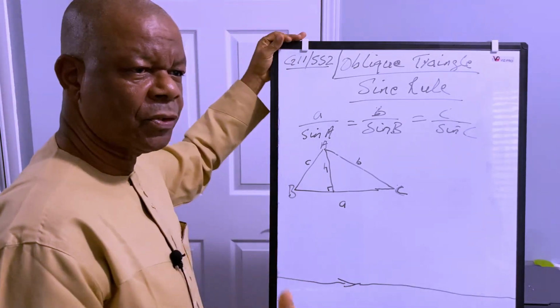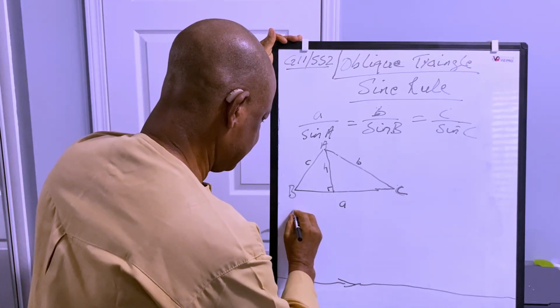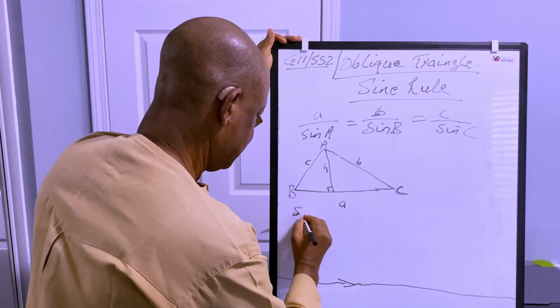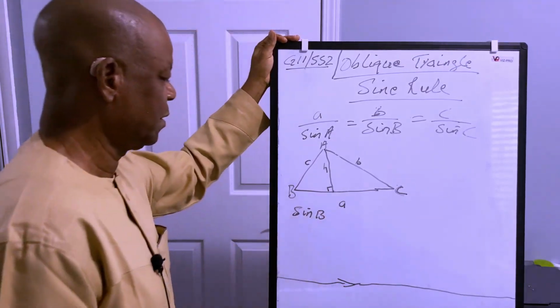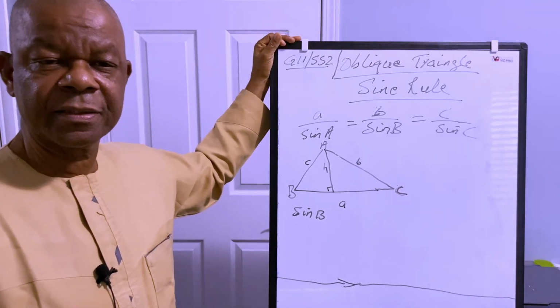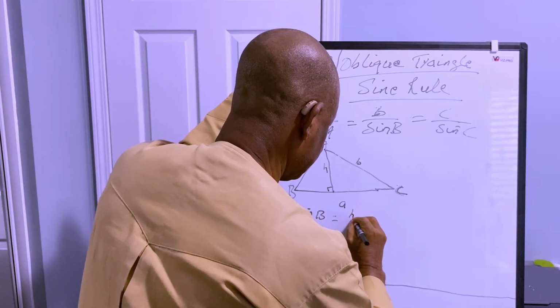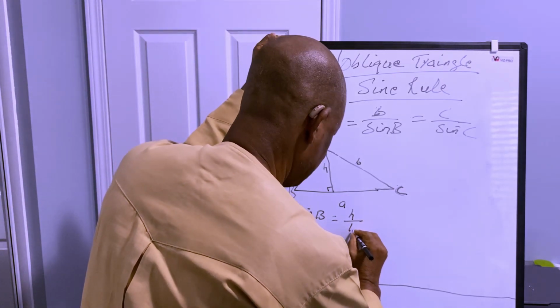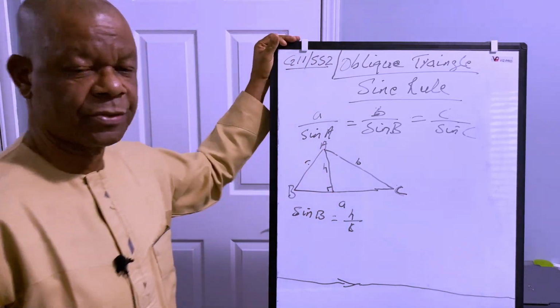From what you know from SOHCAHTOA, sine B equals opposite over hypotenuse, which is h over c. Opposite over hypotenuse, h over c.